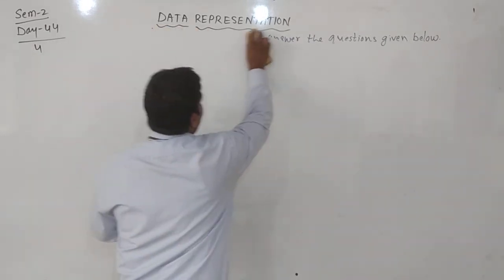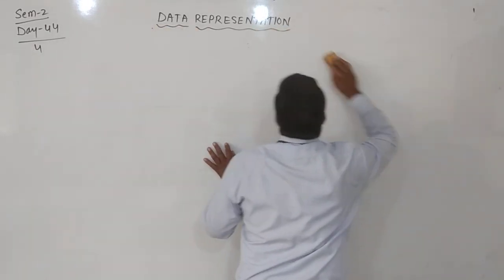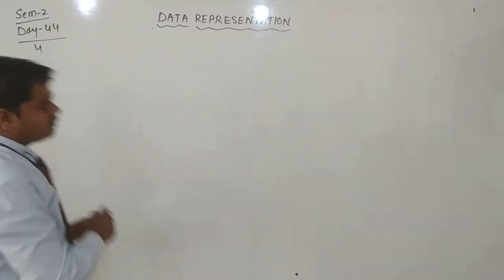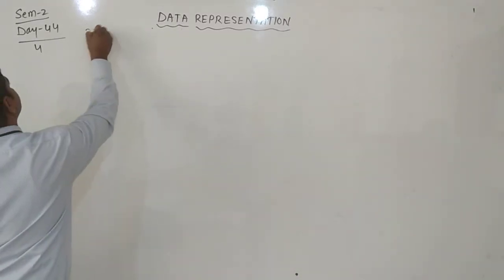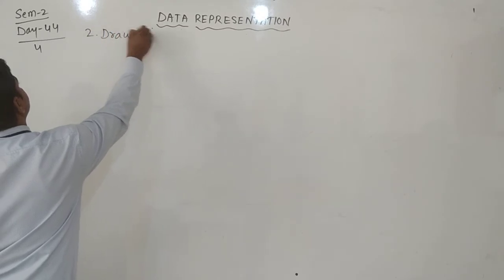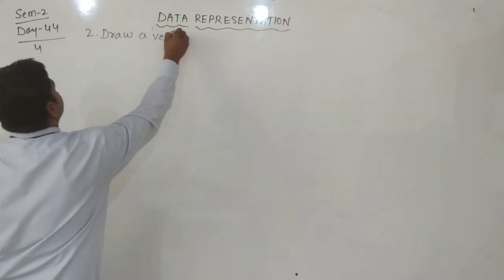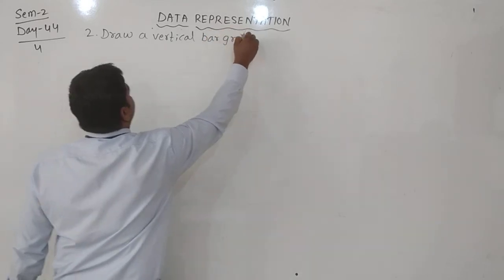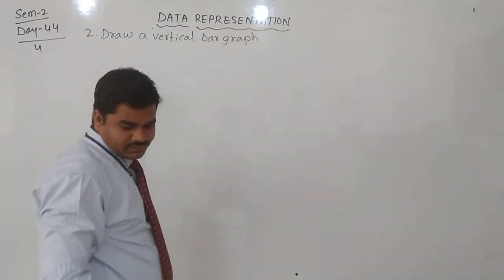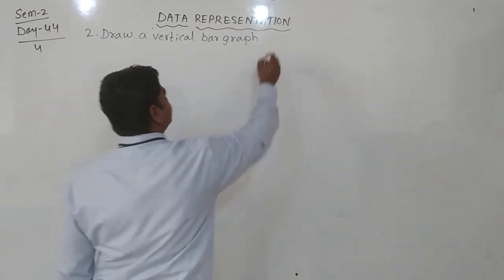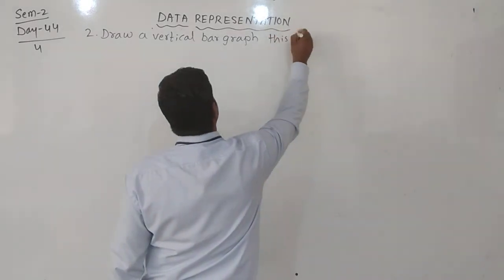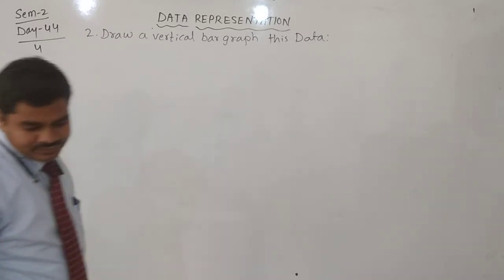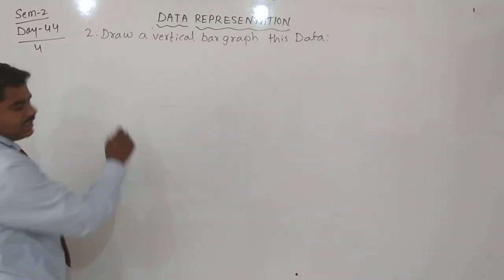What data is given, for that we will draw the vertical bar graph. Very simple. Draw a vertical bar graph for this data. The data is: Seema has 8 dolls.